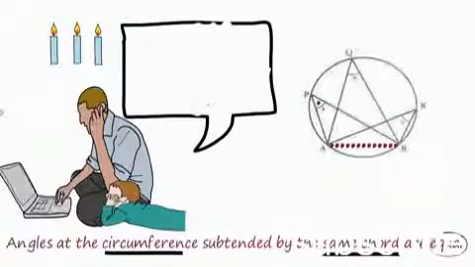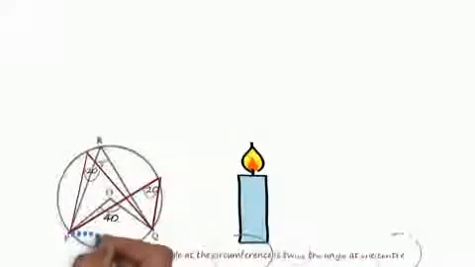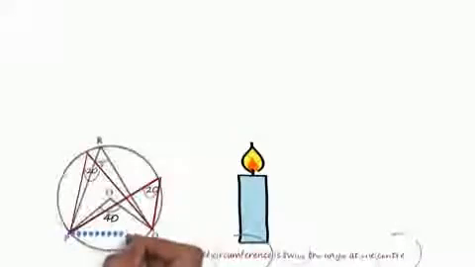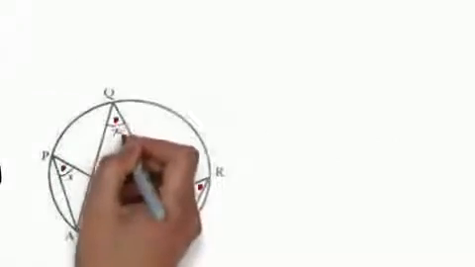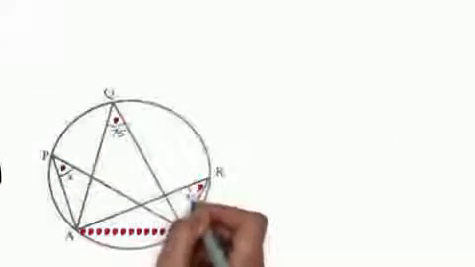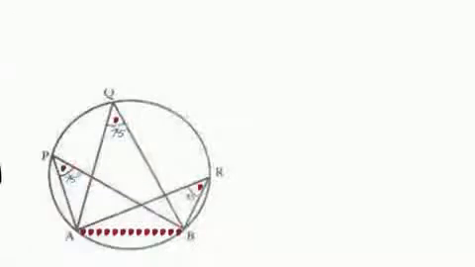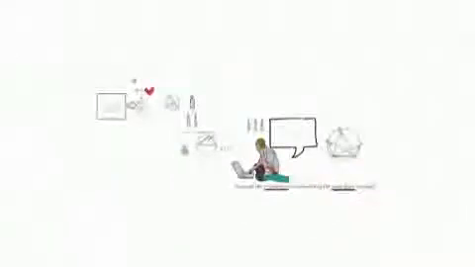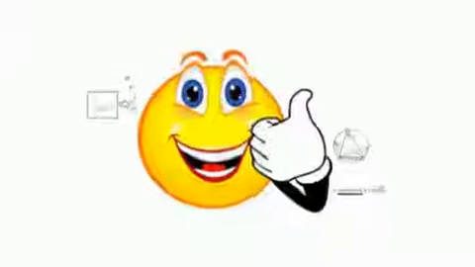Those angles P, Q, and R are the same, and they are at the circumference. They are subtended by AB. So on this question, if that's 75, that's 75, because they are subtended by AB. That's 75 degrees, that's 75 degrees. So this is the third theorem, the third commandment. That's the language that we're using, right? Great stuff.